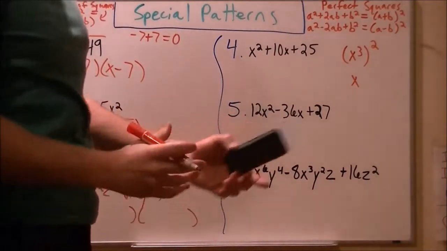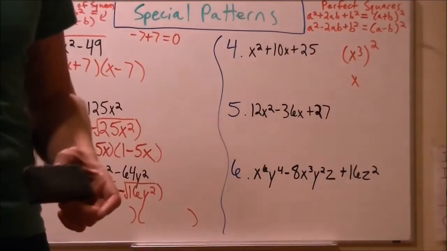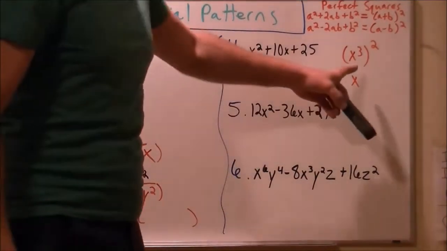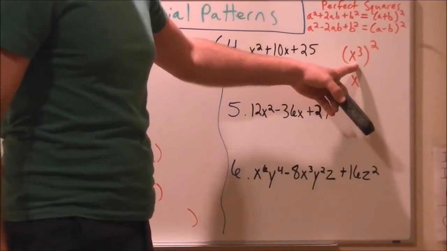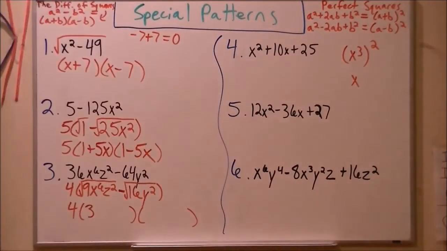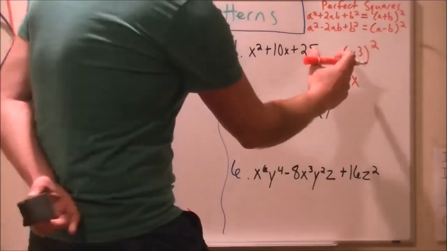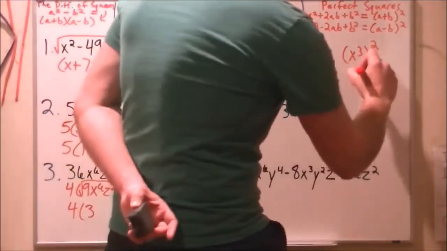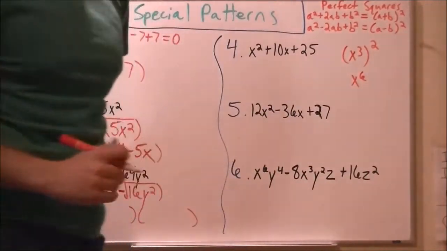If I were multiplying variables with exponents, I would add the exponents. But whenever I raise an exponent to another power, that's when I multiply the exponents themselves. And so I end up not with x to the 5th power, but x to the 6th, because I'm raising to a power.